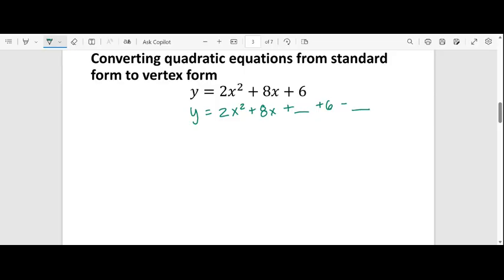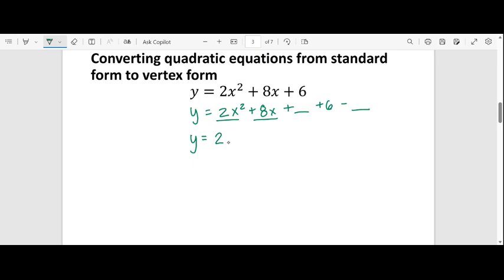So I'm going to remove the coefficient off of this term and this term, so the first two terms. What that's going to do is give me my x squared by itself. My coefficient, you might remember, is 2, and what I'm doing is dividing these terms. This is essentially undistributing your terms.